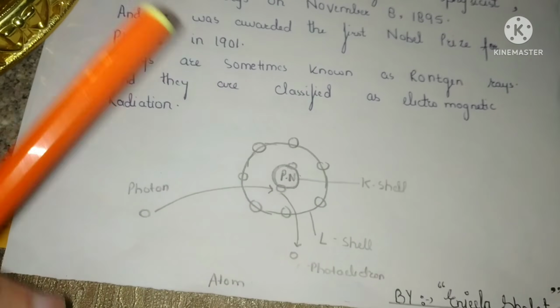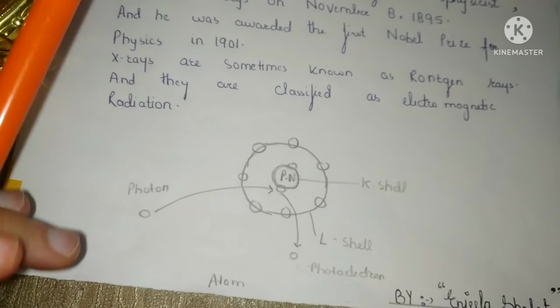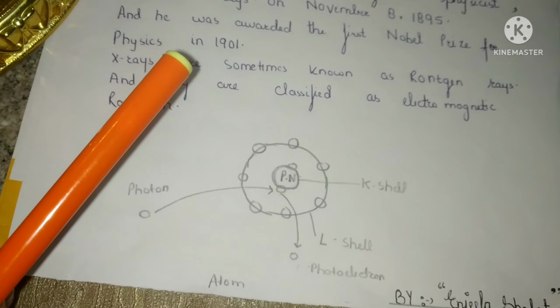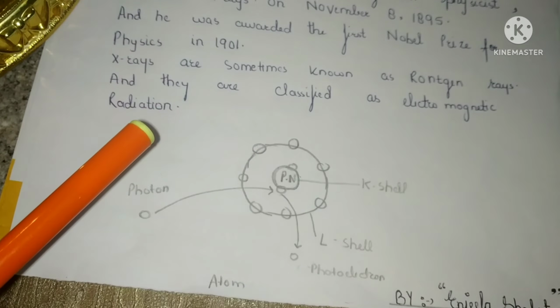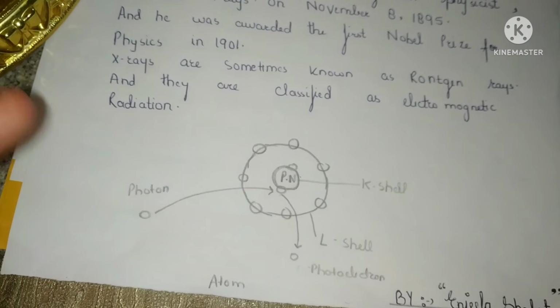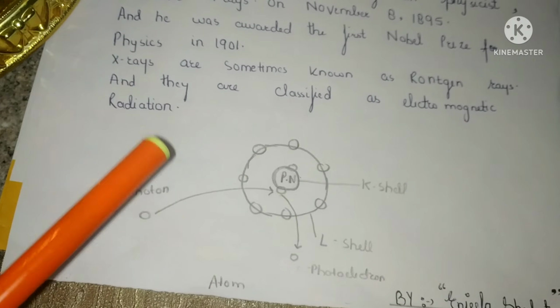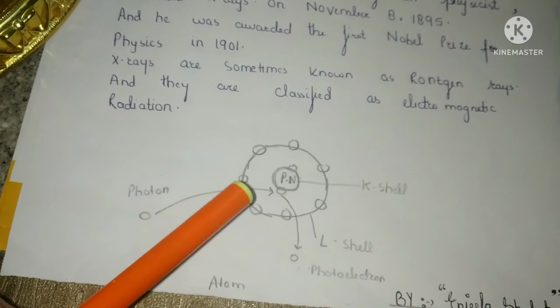It loses some of its energy, because the L shell electron has more energy than the K shell electron, and to adjust in the K shell, it has to lose some energy. Now that remaining lost energy of the L shell electron is called X-rays. So here is the formation of X-ray. This whole process is called the photoelectric effect.